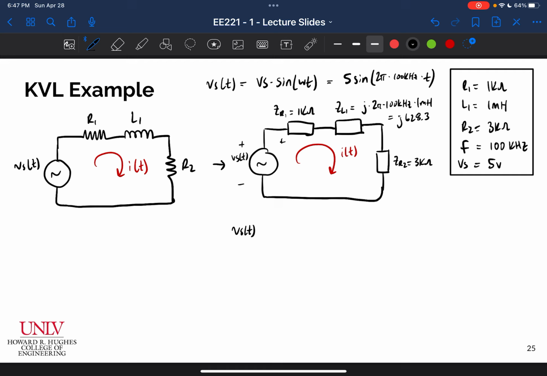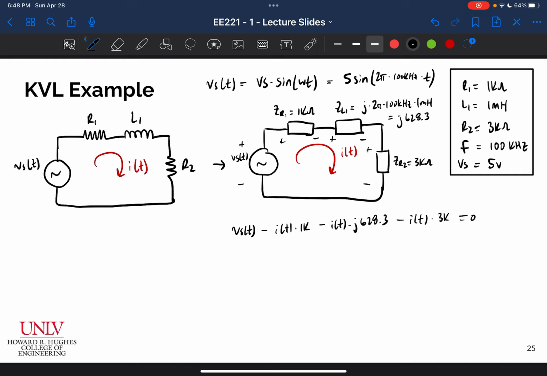Then I drop across this resistor, so I write minus I of t times 1k. Then I drop across the impedance of this inductor, which I write as minus I of t times J 628.3. And then I have another drop across my other resistor, which is minus I of t times 3k, equals 0, right?